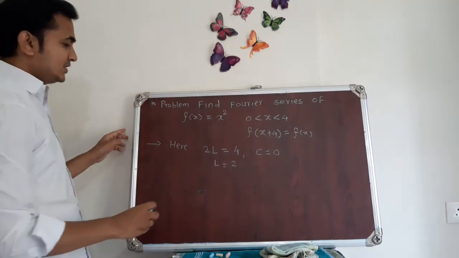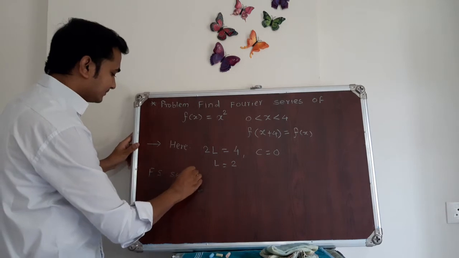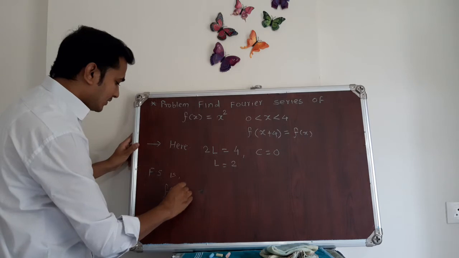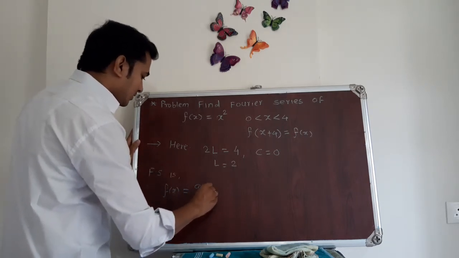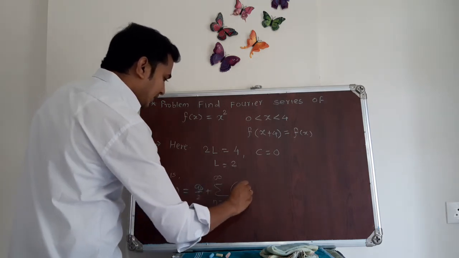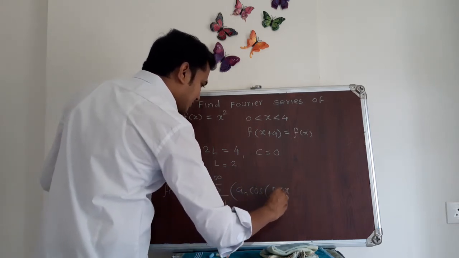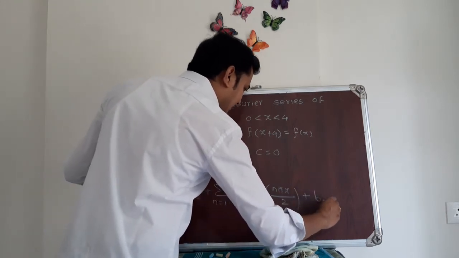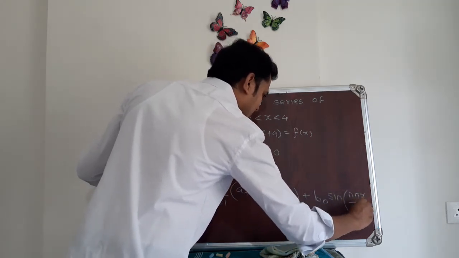So the Fourier series is f of x is equal to a naught by 2 plus summation n running from 1 to infinity of an cos of n pi x upon L, L is 2, plus bn sine n pi x upon 2.